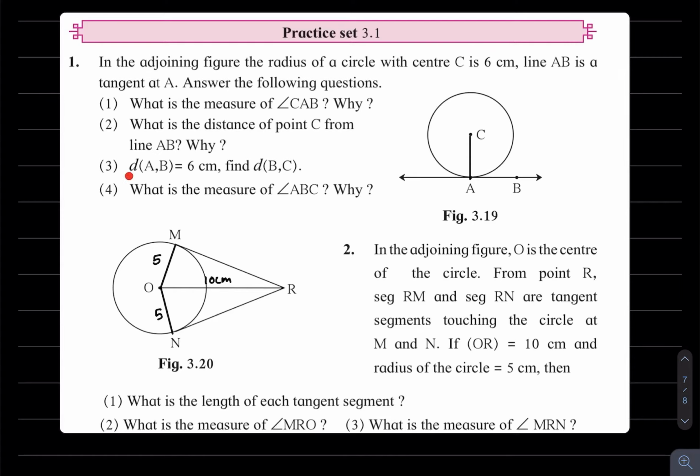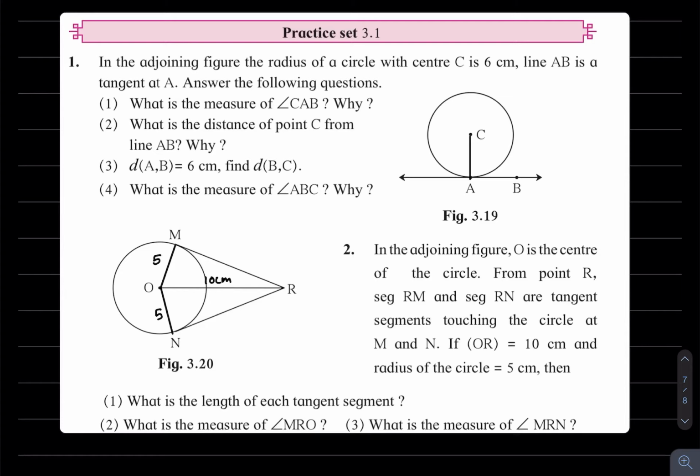And the third question, the distance between AB is 6 cm. Find the distance between BC. So join these 2 points B and C, then you will get a triangle with one angle as a right angle. So you can apply Pythagoras theorem and find out the distance between BC, or the length of the segment BC.